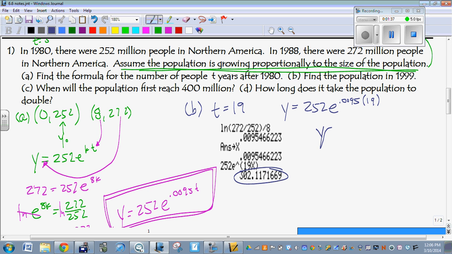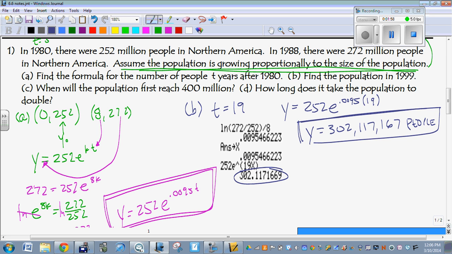So our answer for this one, if we wanted to be as accurate as possible, would be 302,117,167 for rounding. So that's approximately how many people there were in 1999. Or if you wrote 302.117 million, that would work as well. But that's it for part B.